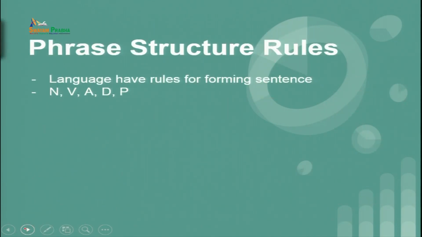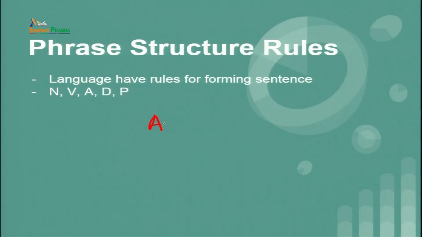When we talk about phrase structure rules, we should not forget that languages have rules for forming sentences. To help you understand clearly, I will write a cat, and you know that this particular composition is absolutely correct.